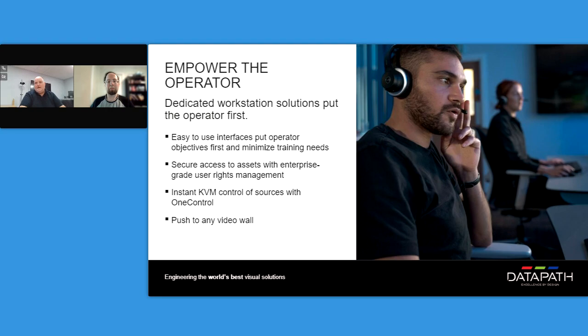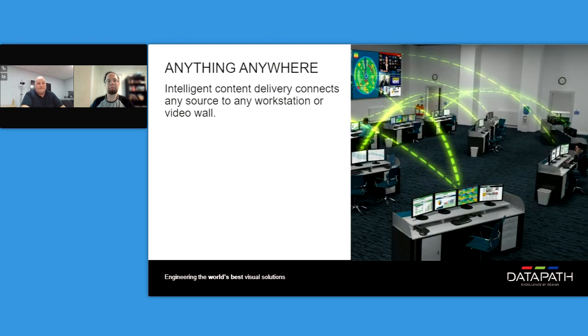I can deliver content to it, which means that team get to see real-time information. They're not taking notes about a situation, then having to play catch-up all the time. They're getting the real-time information. As I said, anything, anywhere, and as this graphic shows you, the ability for a workstation and a wall to seamlessly interact to ensure that consistent information gets put up anywhere you like.